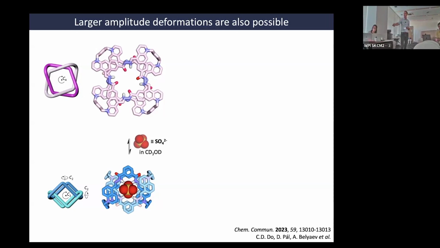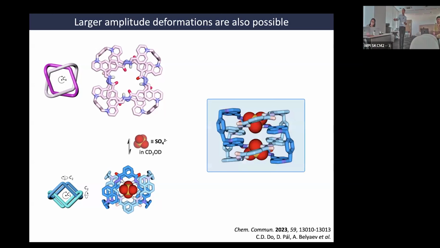And this enables the formation of a cavity where sulfate fits very nicely, it binds, and we actually have 2 equivalents of sulfate. Here again, the binding is cooperative, which means that the second binding event happens a lot more easily than the first one, and this is very counterintuitive, because this time, unlike water, sulfate is charged.